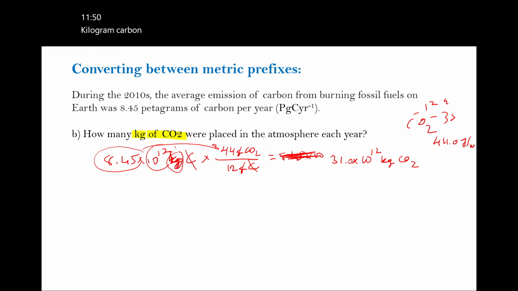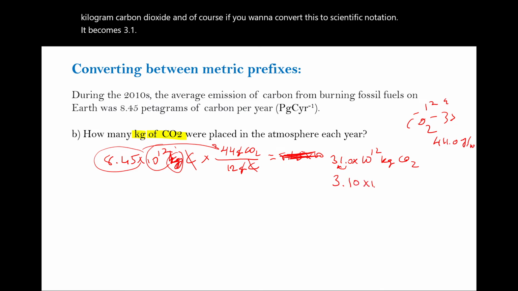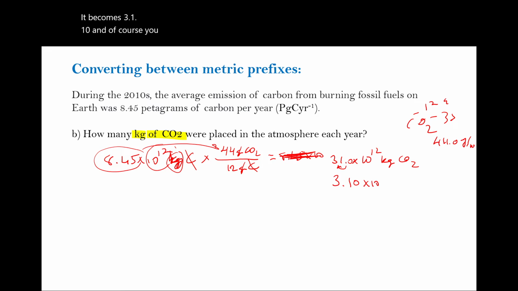And of course, if you want to convert this to scientific notation, it becomes 3.1 times 10, and of course you will increase the exponent there. It becomes 10 to the 13 kilogram carbon dioxide.